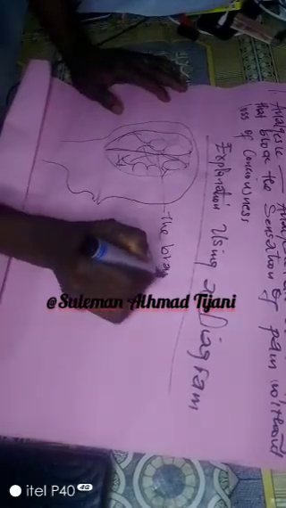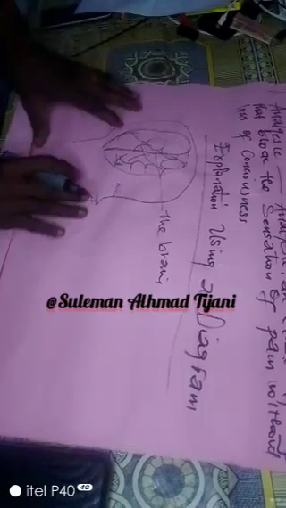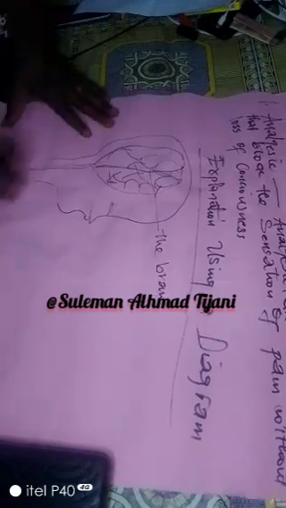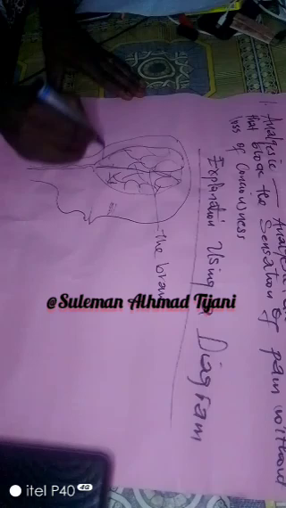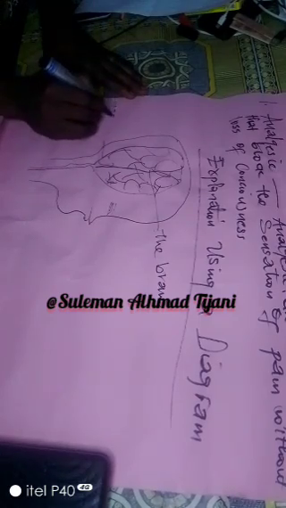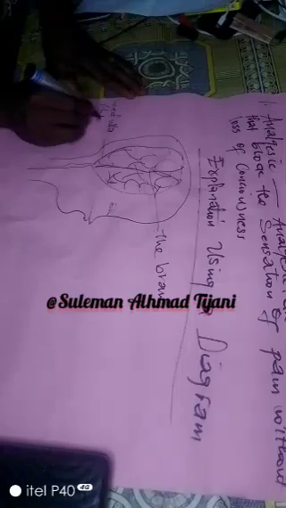So since we have assumed that this is the brain, this place is the eye, this one is the nose, and then everything. Let's assume this place is the medulla. You can call it medulla oblongata.